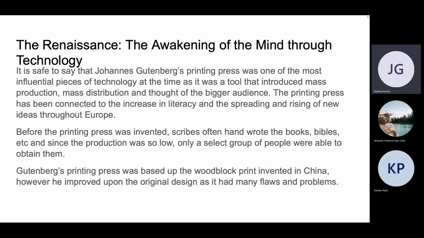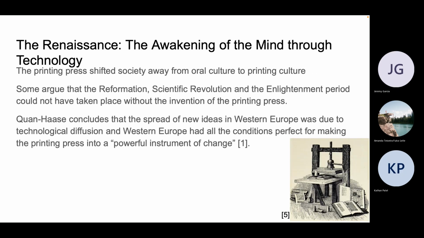And since the production was so low, only a select group of people were able to obtain them. Gutenberg's printing press was based upon the woodblock print invented in China. However, he improved upon the original design as it had many flaws and problems. The printing press shifted society away from oral culture to printing culture.